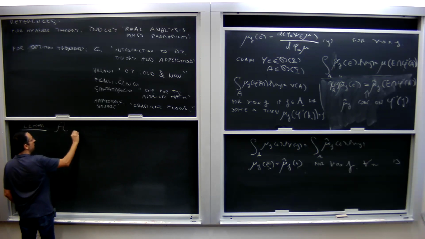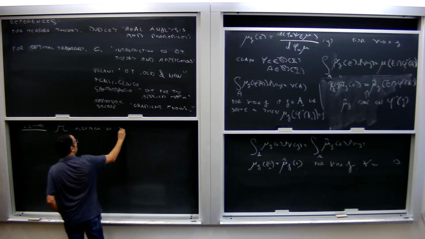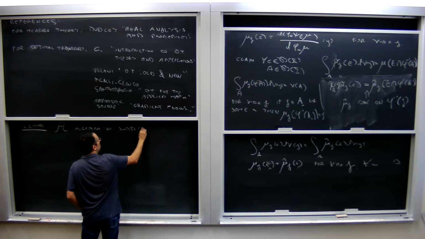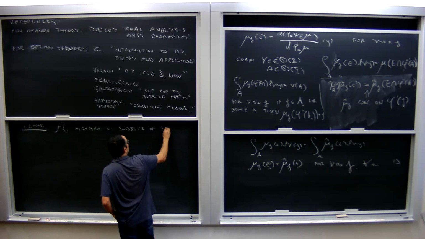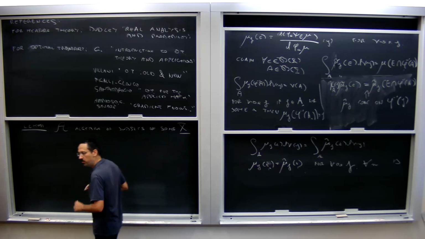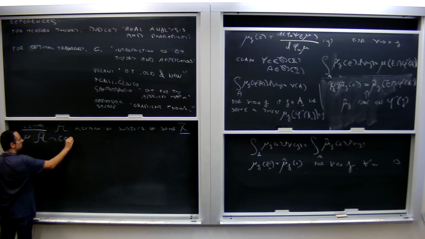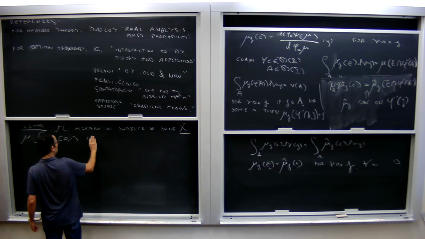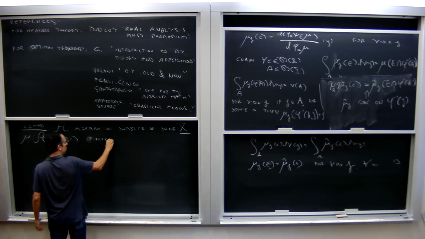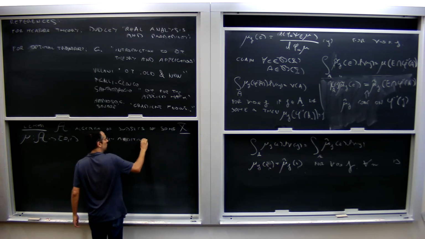Suppose A is an algebra of subsets of some space X, just a set, and μ from A to, let's say, [0,1], just for simplicity, is a finitely additive measure.